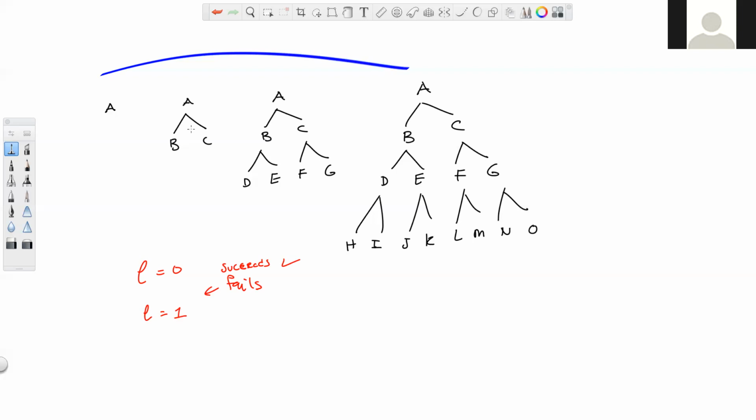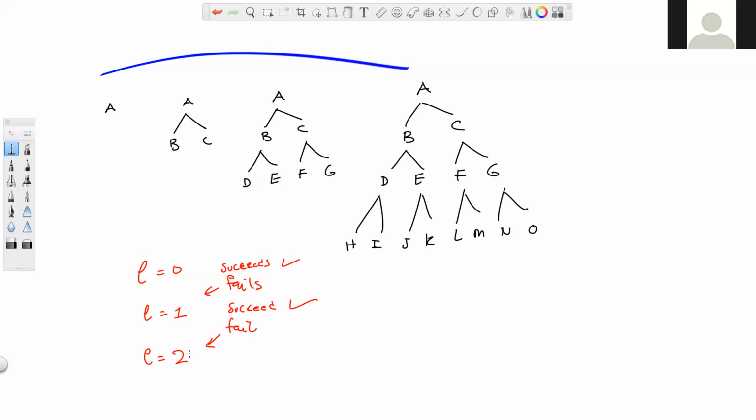You're doing depth first on this. You check this, and if not, you do this and that. Again, if you find a solution, you succeed, done. If you fail, you try cut off at 2, and so on.